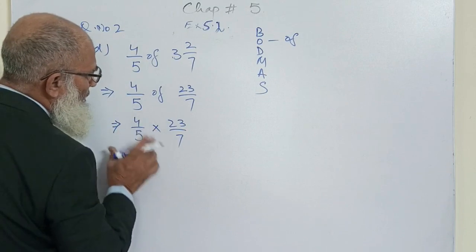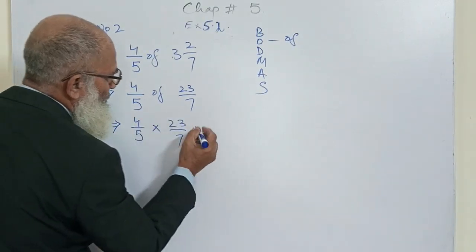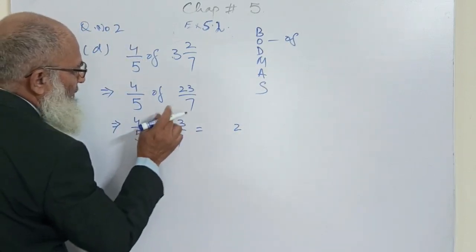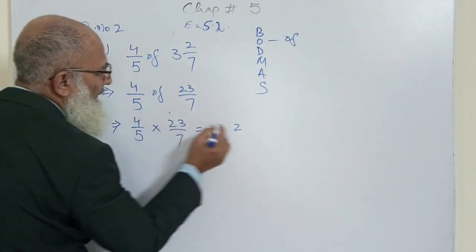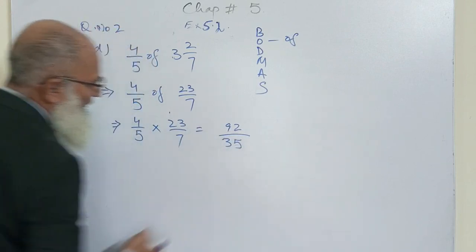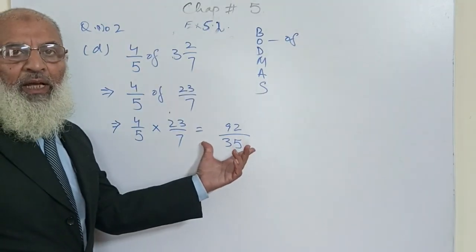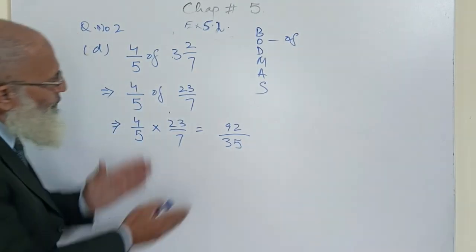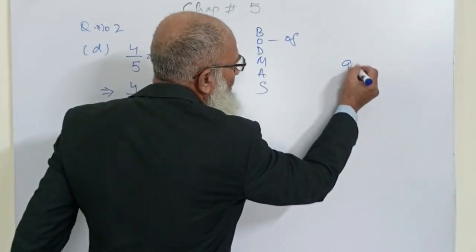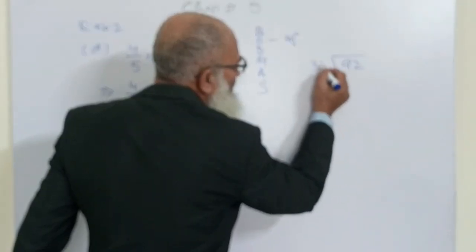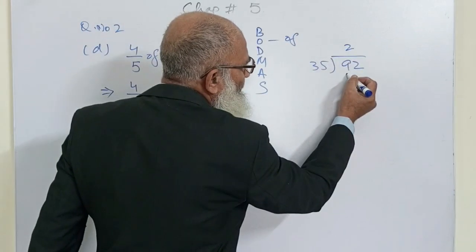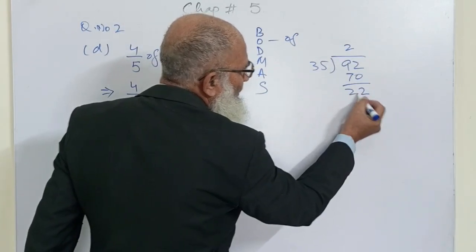Now you see that this is not divisible anywhere. So it will become 4 times 23 is 92, and 5 times 7 is 35. Now this is a valid answer for this one. But if you want to bring it into whole numbers, we'll just divide it like this. 35 times 2 is 70, and the remainder is 22.